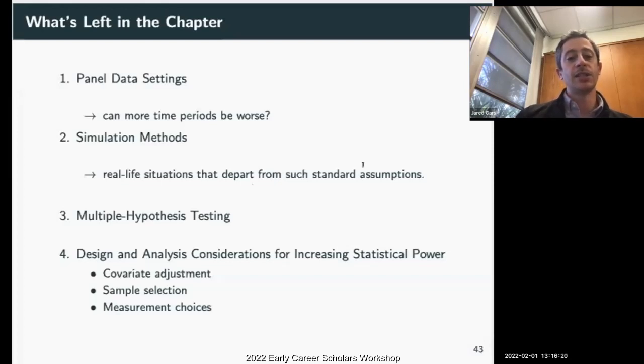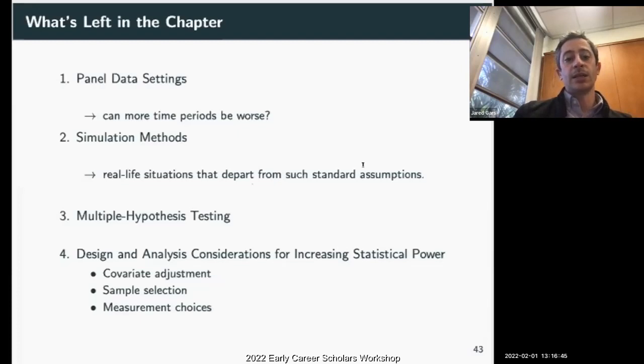And then there's a number of other design and analysis considerations for increasing statistical power that are covered. So that's covariate adjustment. If you include more covariates in your estimates, you can reduce the variance of the unobserved component, and that's going to improve your power. There's also sample selection. The way that you select your sample might matter. You might want to select to reduce the variance in outcomes.